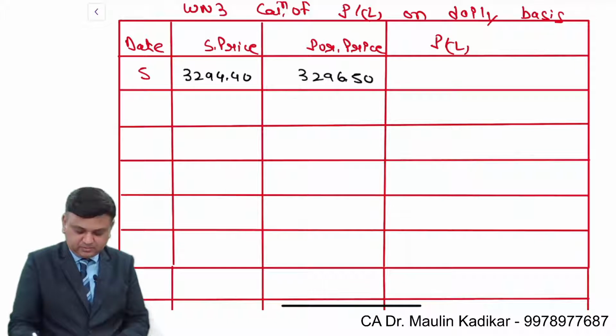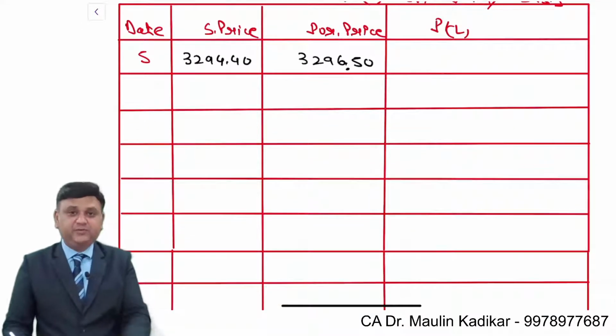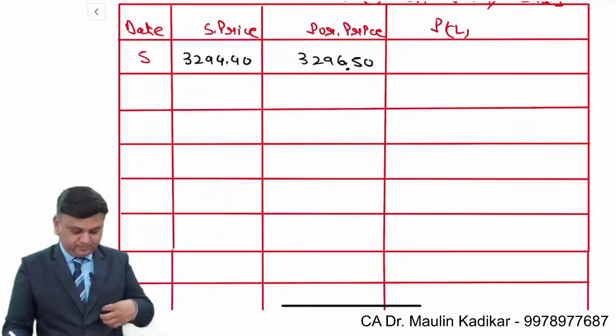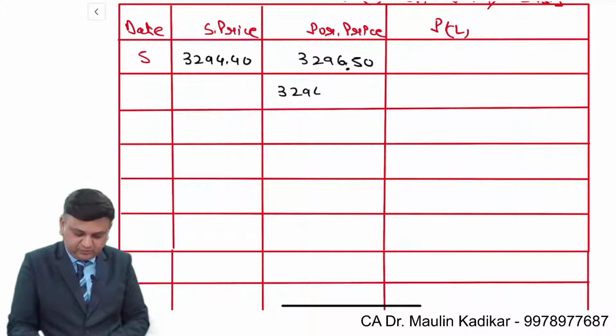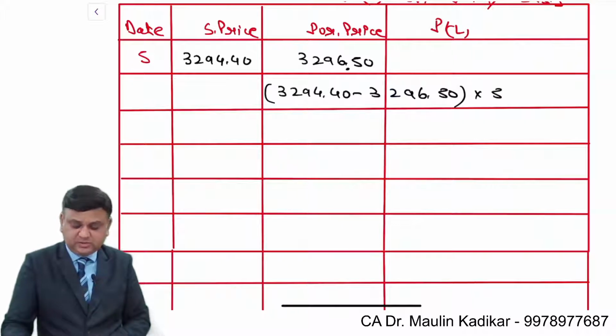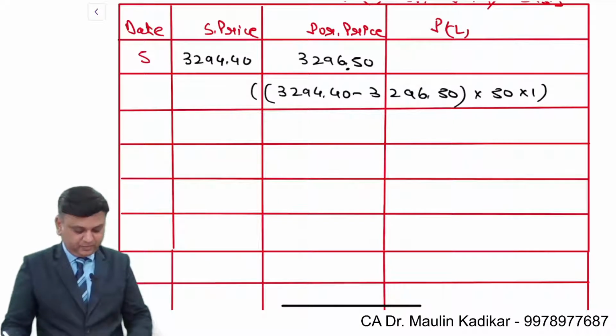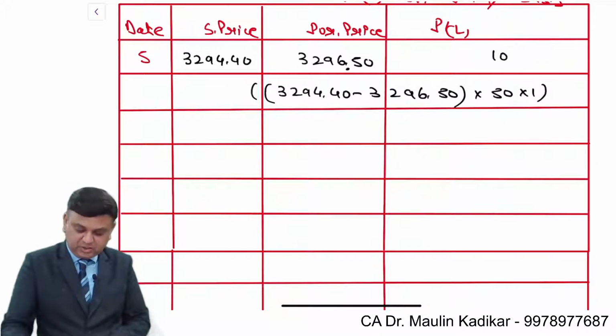The difference of this is the profit or loss that we have. So it is 3294.4 minus 3296.5 into lot size 50 into number of contracts 1. The difference is 2.1 into 50 into 1. So there is a loss of 105.